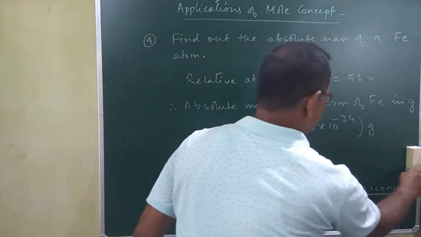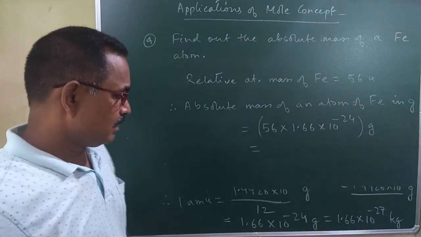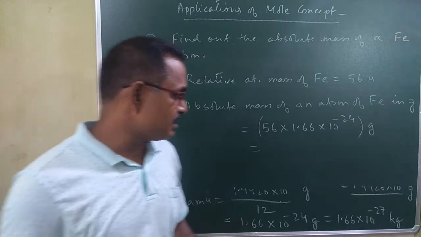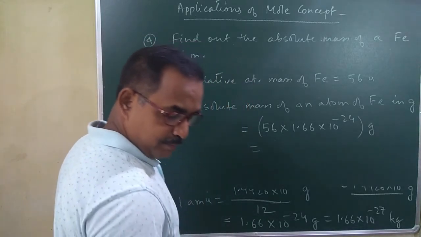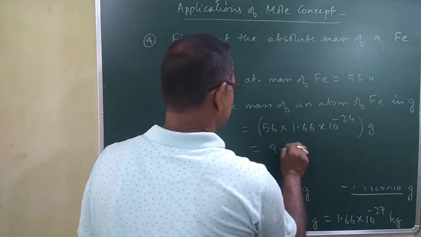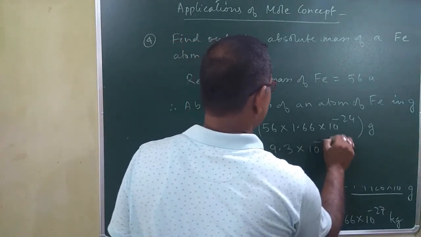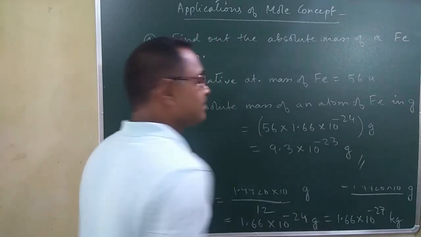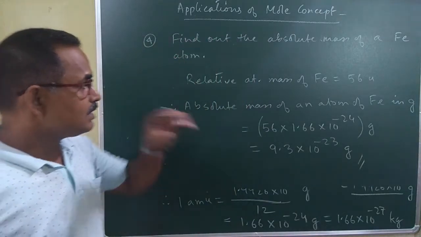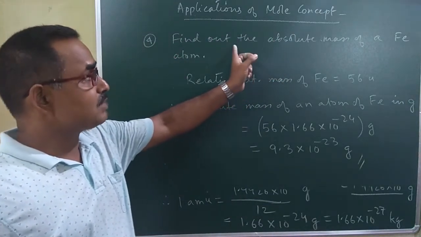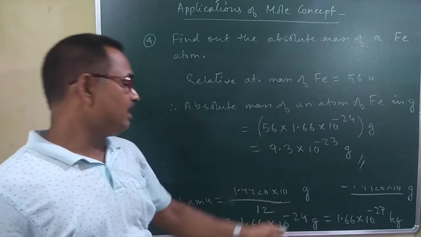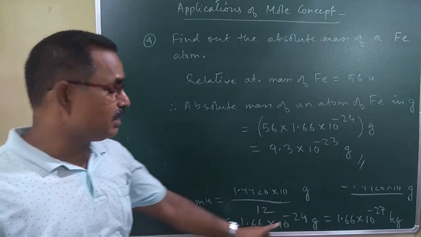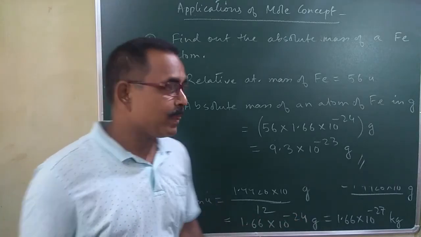This is 9.3 times 10 to the power minus 23 gram. So in this way, we can easily find out the absolute mass of an atom by knowing the value of the atomic mass unit in either gram or kilogram.